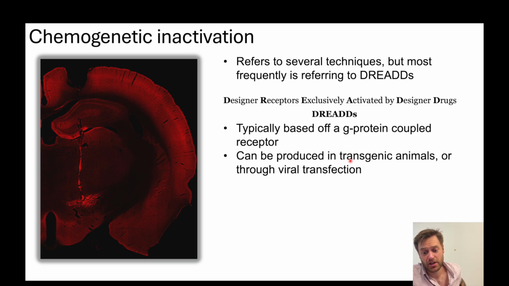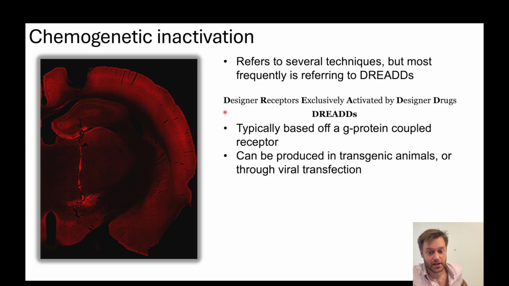So transgenic is referring to manipulating the genes, either putting in a gene or taking out a gene to then produce something that you care about. In this case, what we're talking about is manipulating the genes in a way to then produce a DREADD, which is again a synthetic G protein coupled receptor, right?